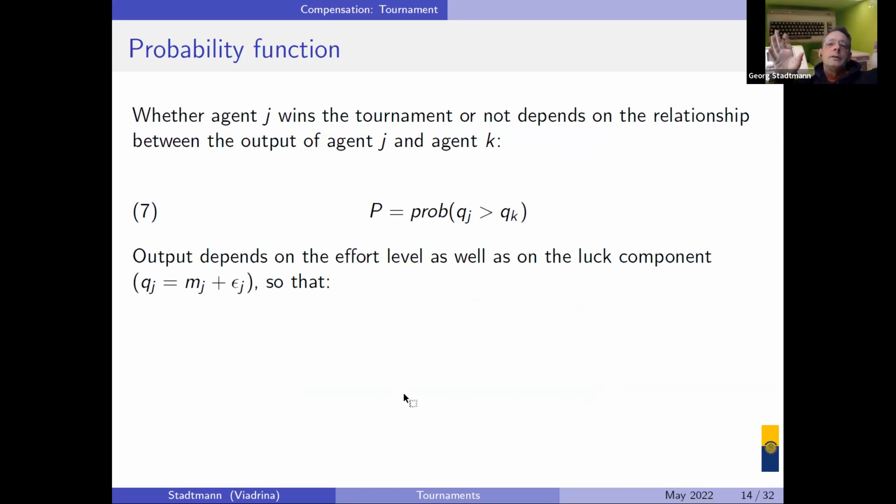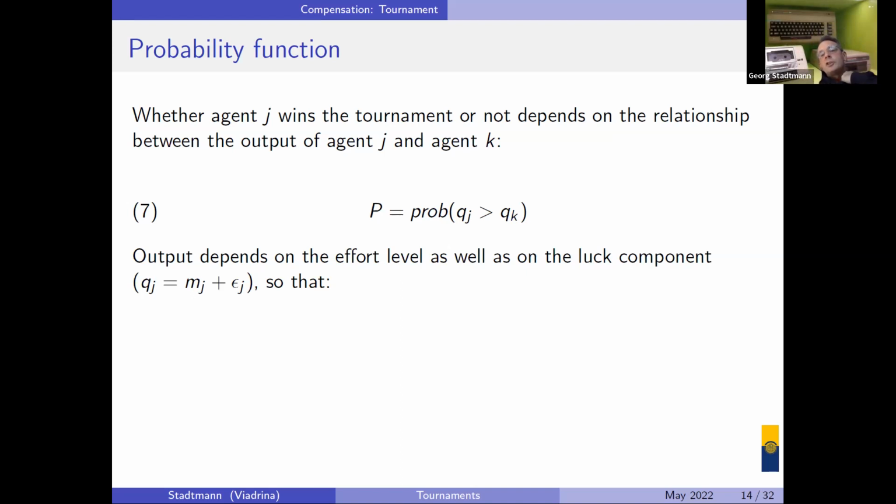We have to think about the relationship of the output of QJ and QK, agent K, because this will determine whether agent J wins or whether agent K wins.